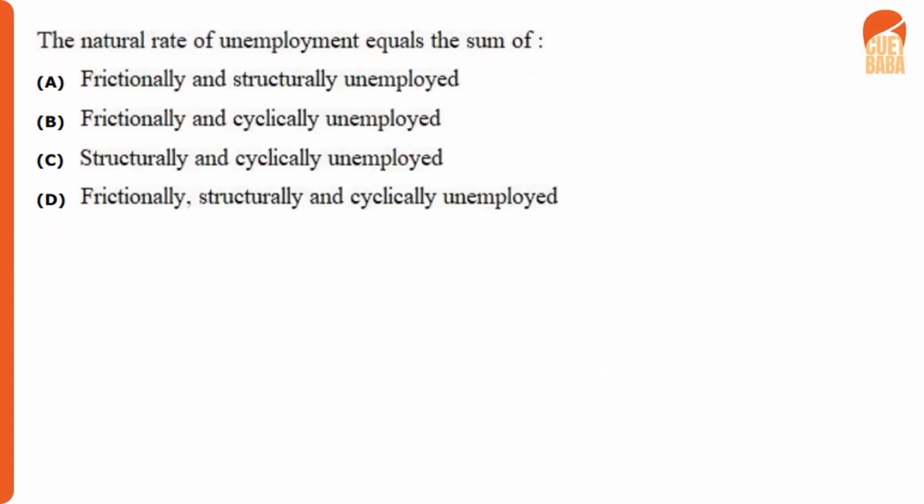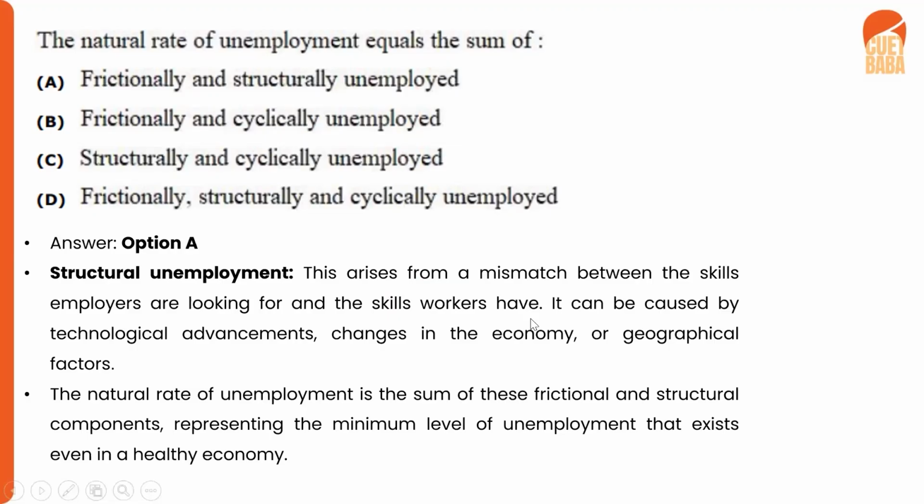These are the three types of unemployment shown in the options. So it's important to understand what frictional, structural, and cyclical unemployment are. Only then will you be able to know which option to choose. The natural rate of unemployment is the sum of the frictional and structural.